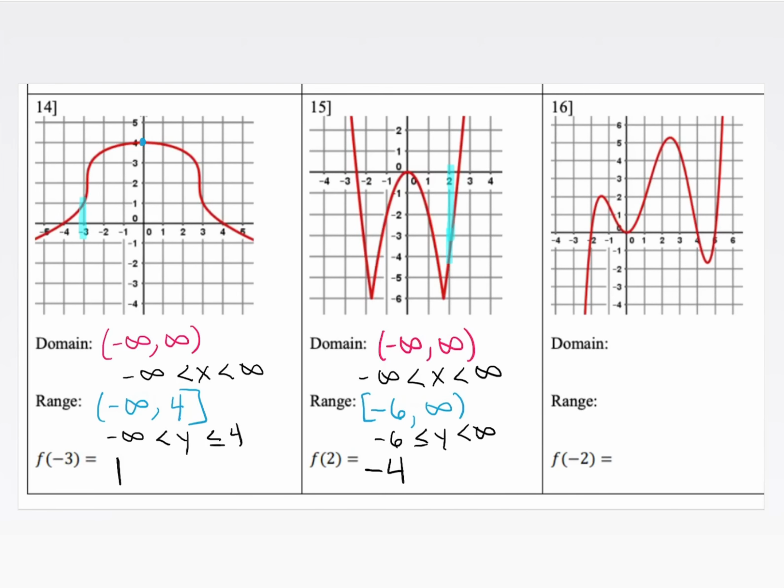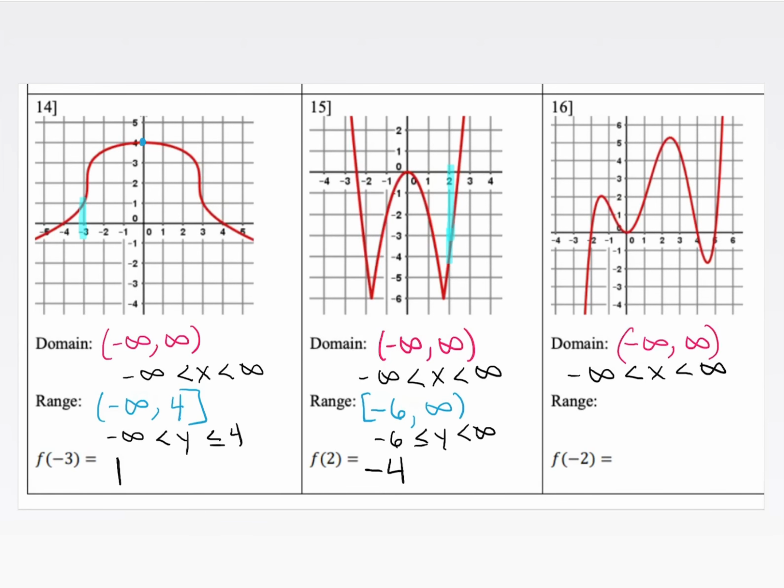Last but not least, our final problem here, our domain, all the way to the left and all the way to the right, if we were to zoom out, it would actually go from -infinity to positive infinity. So inequality notation, we have -infinity is less than x, which is less than positive infinity.